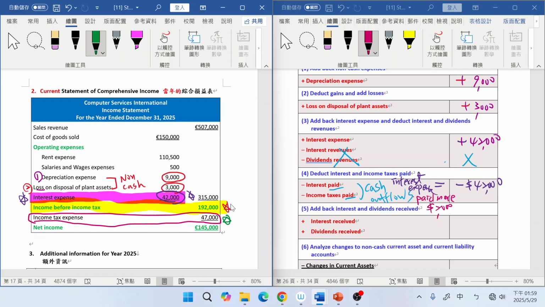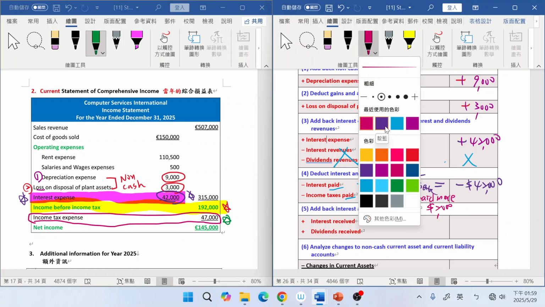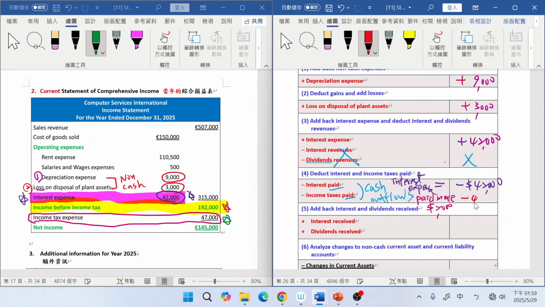So you pay more means what? How much money you pay actually? $47,000 you pay more. So your cash decreased 2,000 more, right? So it should be $49,000. Any questions?